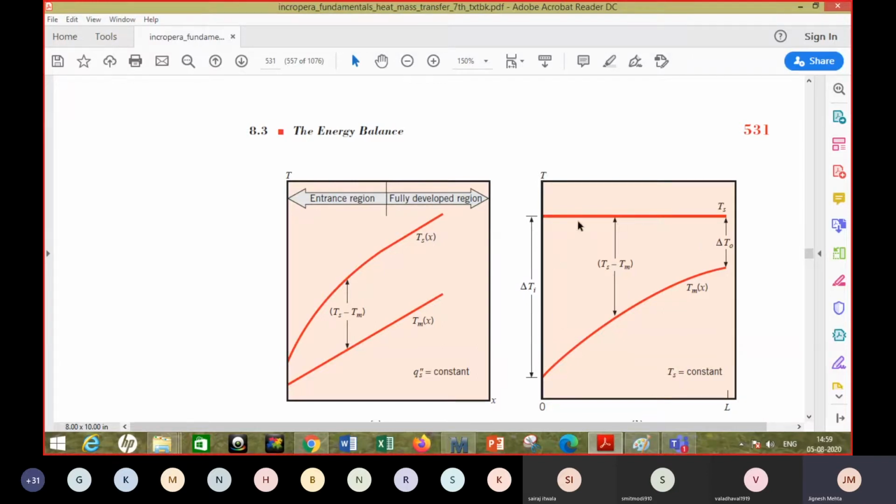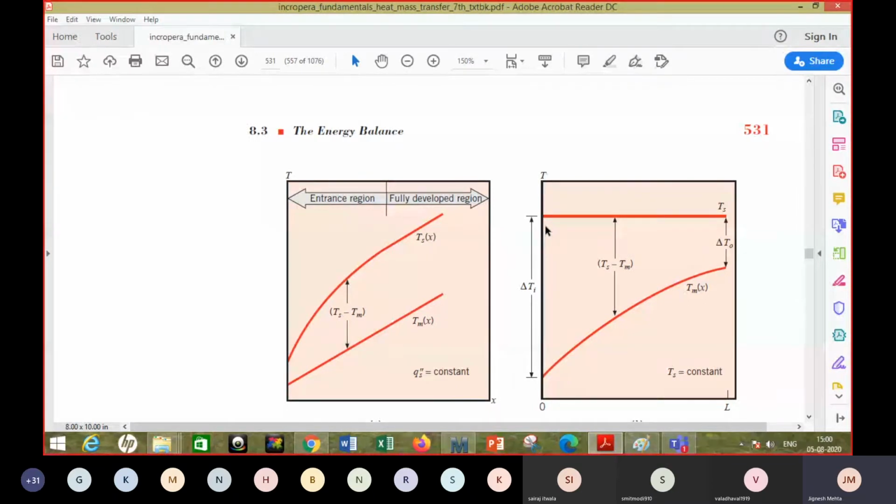The temperature difference between Ts and Tm here is shown as delta Ti, the temperature difference at the entry. And because the heat exchanger or a tube has a finite length L, at the outlet the temperature difference is equal to delta To, the difference between the local value of Tm and Ts, which is remaining constant.